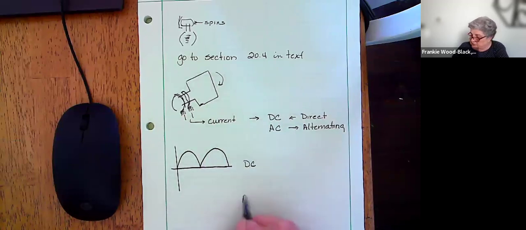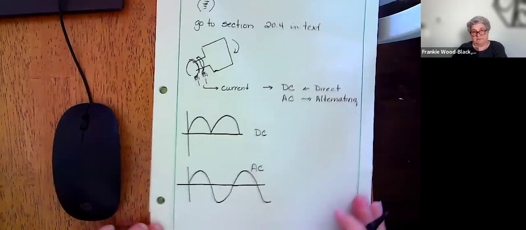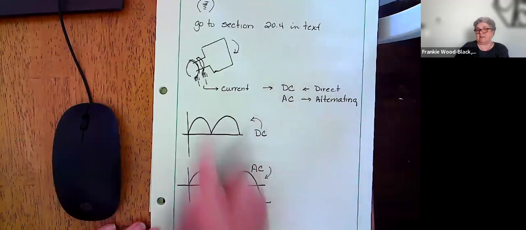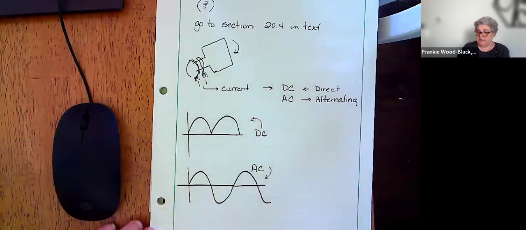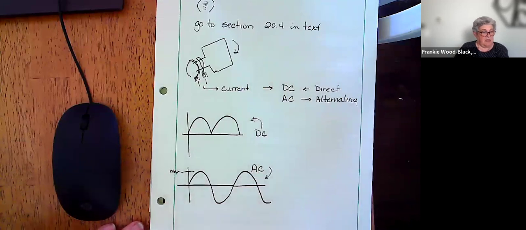Now, AC current is going to look like this. And hopefully by now, this looks very familiar. So AC current looks like that, DC current looks like that as it comes off the generator. And what we're doing is this is our maximum current or our maximum potential or our maximum EMF.